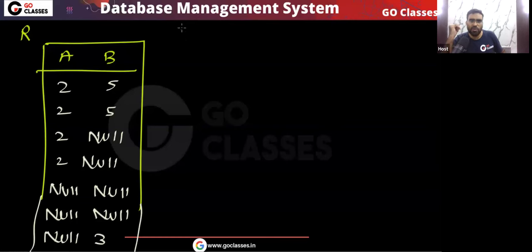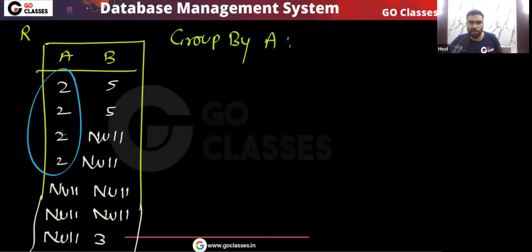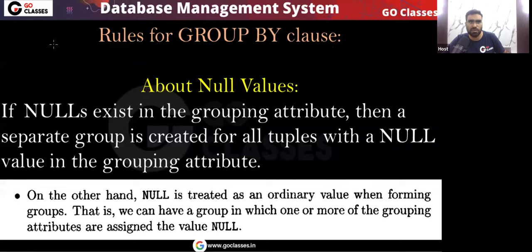Is this clear? Now you tell me how many groups will be there if I say group by A. If I say group by A, how many groups will be created? See, here the A value is the same, so this will be one group. Okay, yes or no? This will be one group. And for all the null values, there will be one group. So let me tell you the rule about null values.